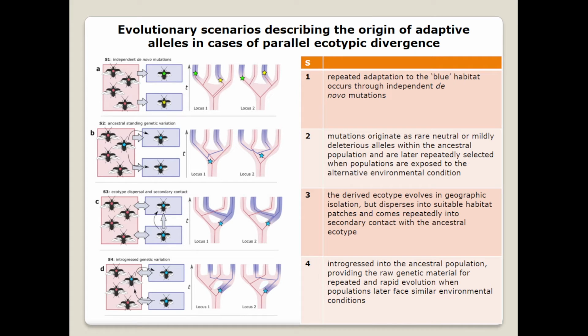And in this picture you can see four types: independent de novo mutation, it is A; ancestral standing genetic variation, it is B; ecotype, dispersal and secondary contact, C; and introgressed genetic variation, D. All this is connected with mutation.